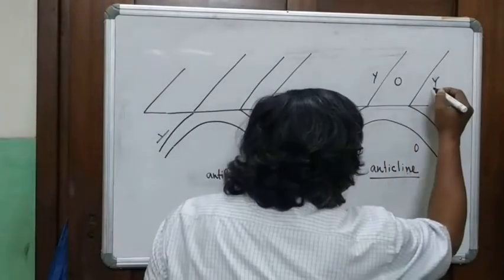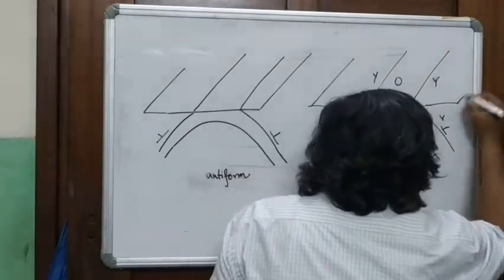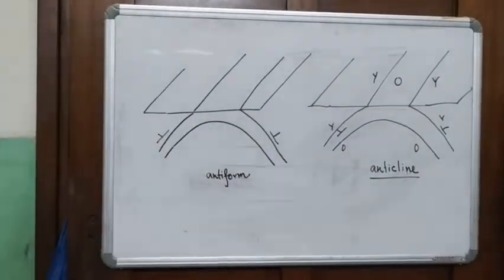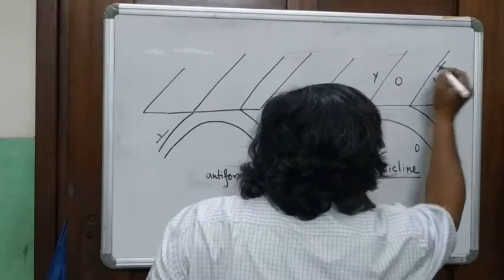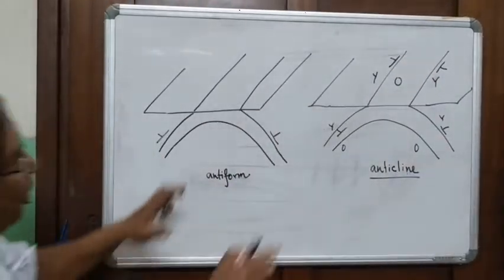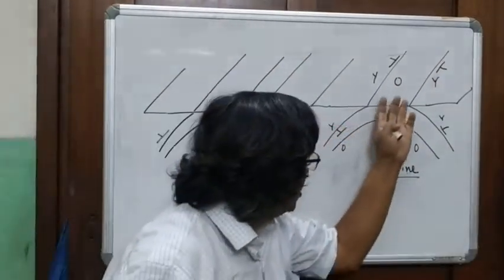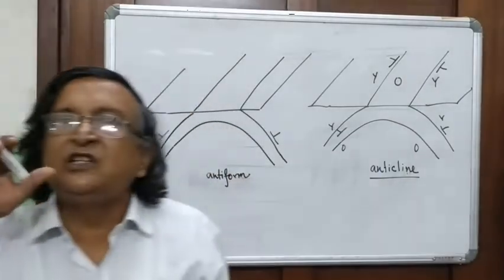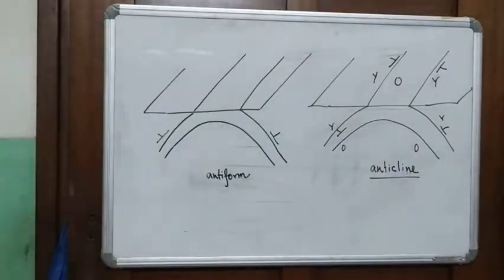And the younger rocks, this is the horizontal plane, remember? And the younger rocks, with dips this way and this way, occur at the flanks of the fold. And the older rocks are exposed at the core of the fold.